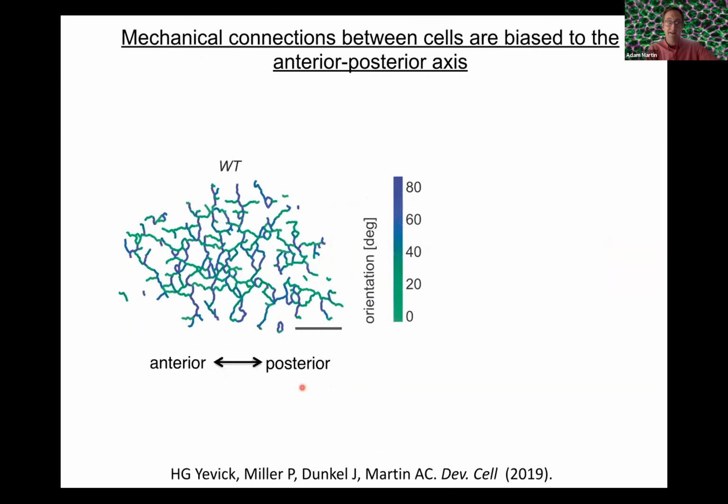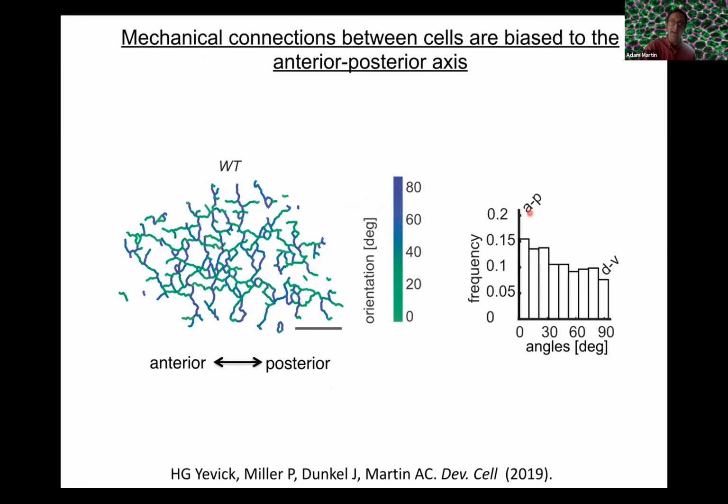And what it allowed Hannah to do is really quantitatively analyze this network and analyze properties such as the orientation of these edges that connect distinct nodes. And what she found when she measured orientation is that there's actually a connectivity bias mechanically between the cells in this tissue, where there are more anterior-posterior connections than there are ventral lateral or ventral dorsal connections.